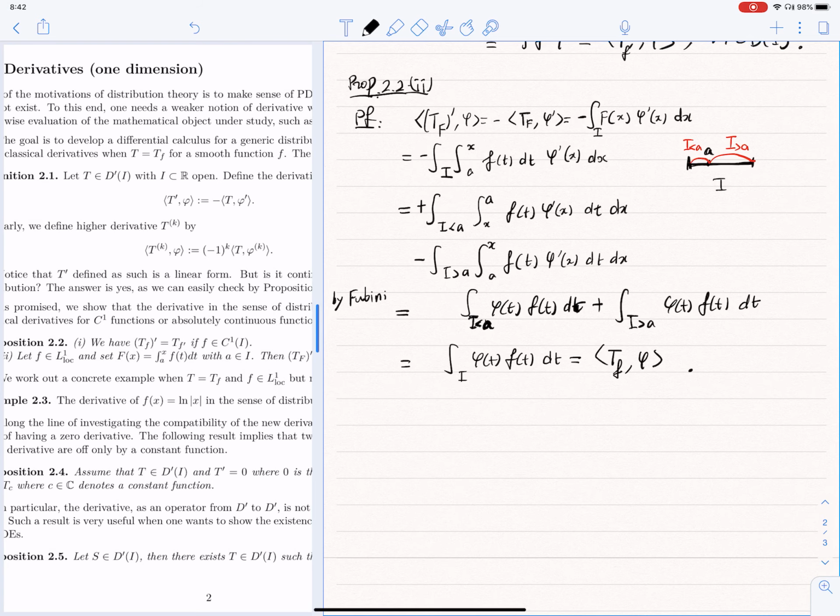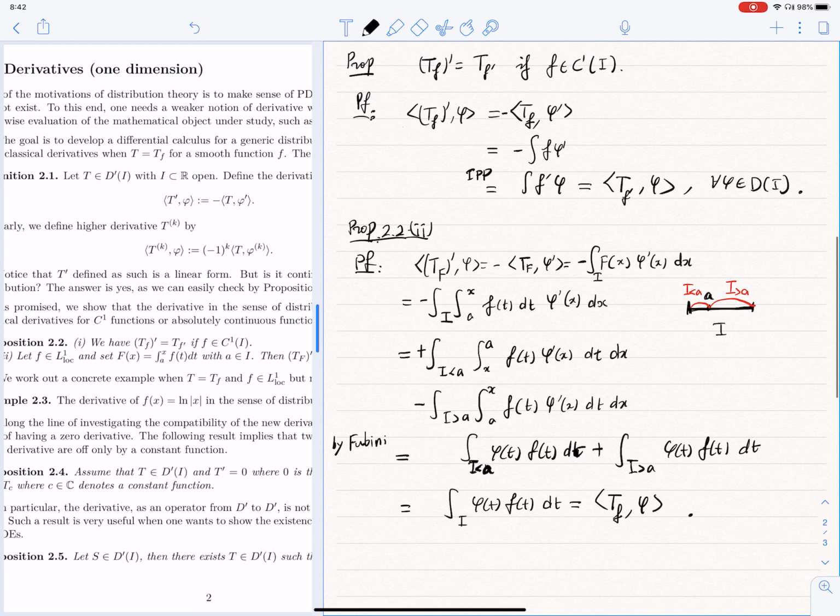Okay, so actually it is the same idea, right? Instead of using integration by parts right away, as what we did for the first item of the proposition 2.2, we're going to use Fubini instead, and eventually we justify the integration by parts formula.